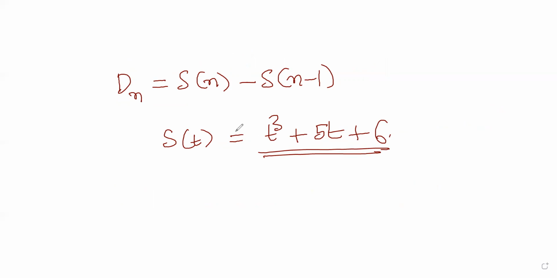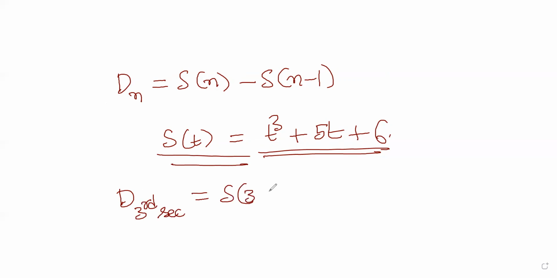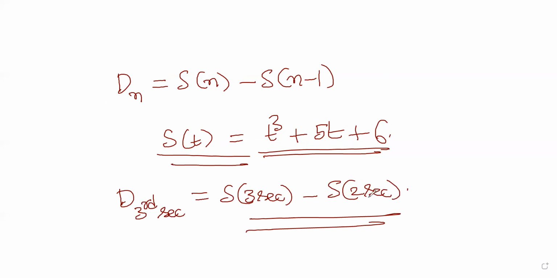So if I ask you, if this is the displacement function, what is the displacement in the third second? What you have to do is calculate the displacement in 3 seconds minus the displacement in 2 seconds. Then you get the displacement in the third second.